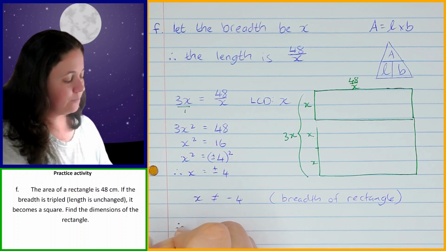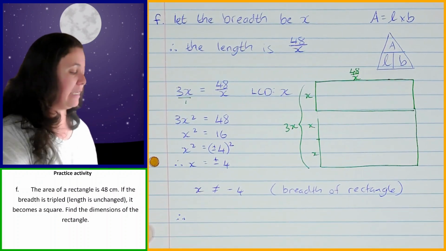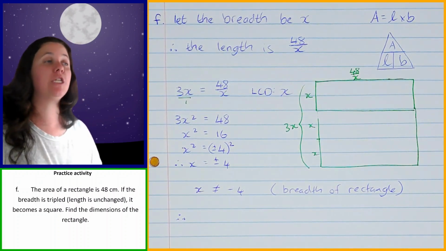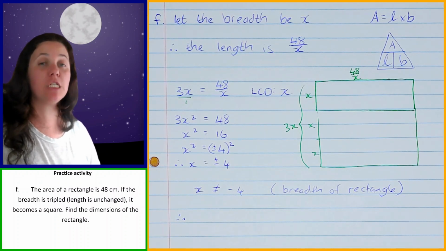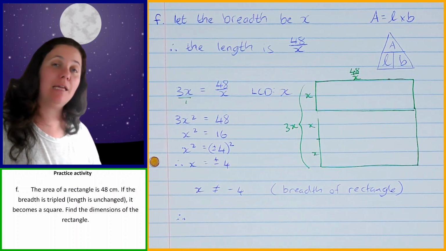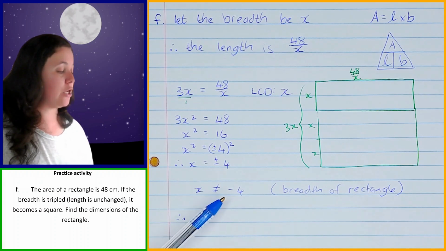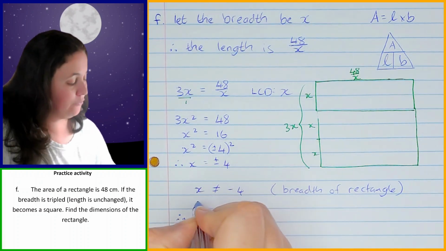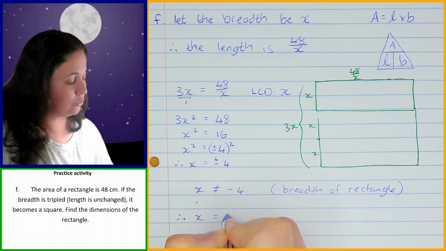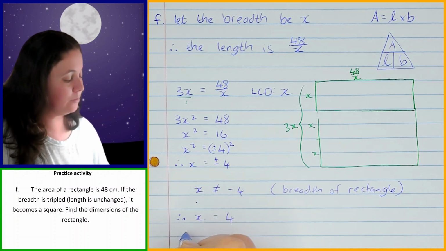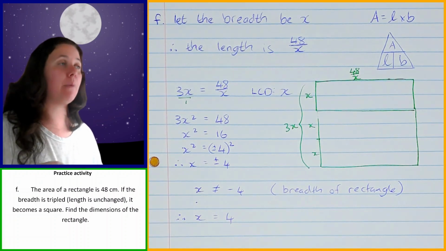So therefore, I can now give my solution, and I can say that the answer to the question they asked, which was to find the dimensions of the rectangle, I need to find the length and the breadth. I'm going to be using the +4 value. So therefore, I can say x is equal to +4. So now, x is my breadth.